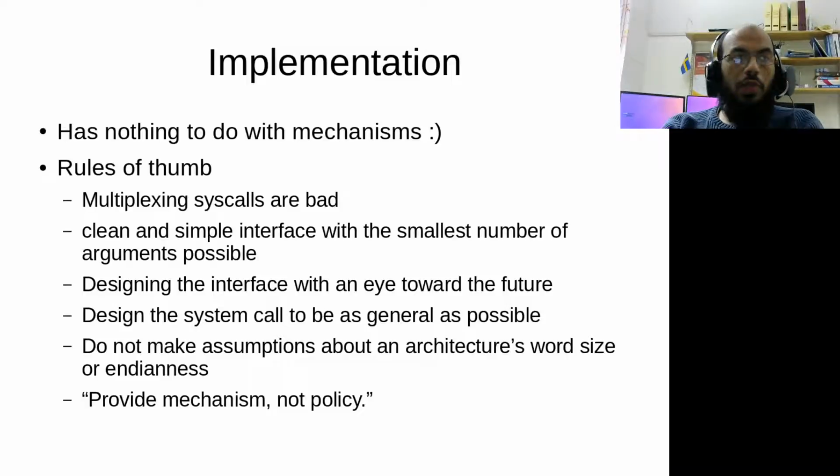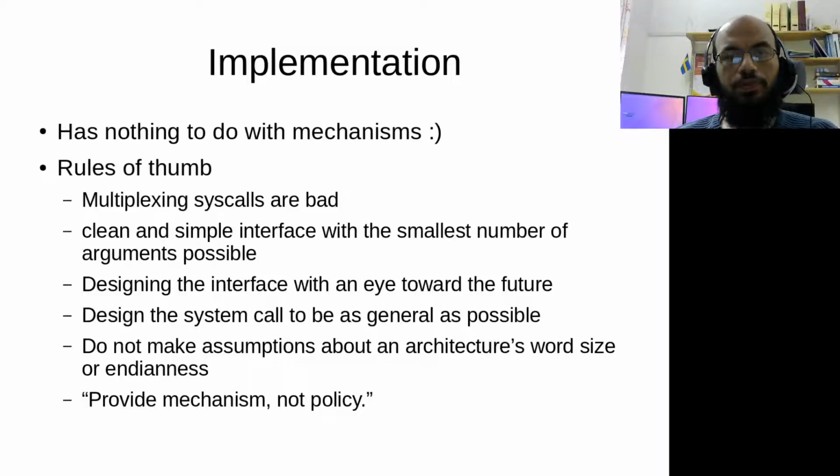For example, we saw that there's a get PID and there's a get TID system call, where one of them returns the thread group ID, and the other returns the thread ID. You could have implemented them in one and multiplexed on the parameter, but that is bad.